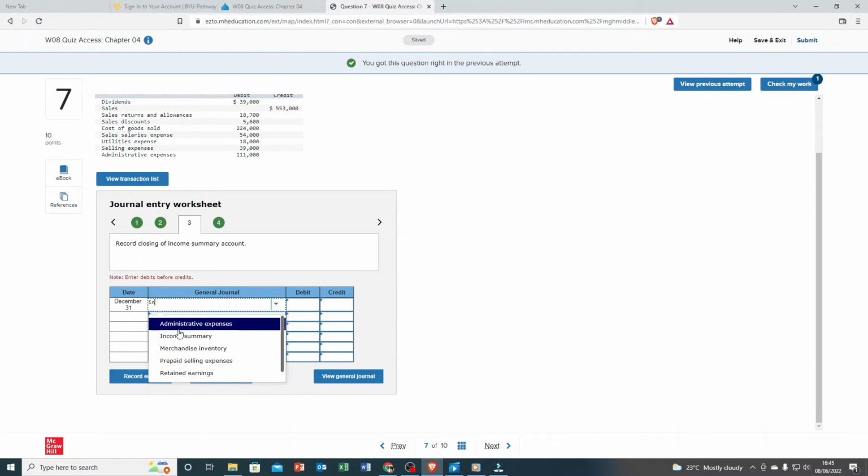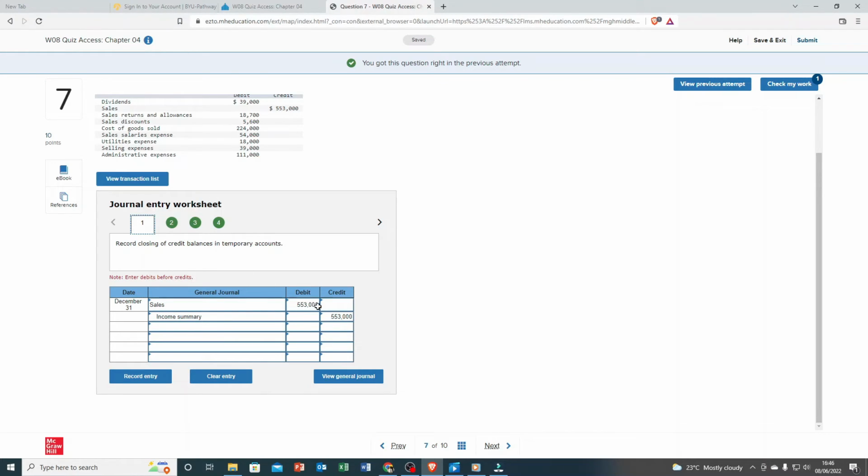In the income summary here, we have income summary and retained earnings. How to get the income summary and retained earnings? Here we're going to credit the retained earnings and we debit the income summary.